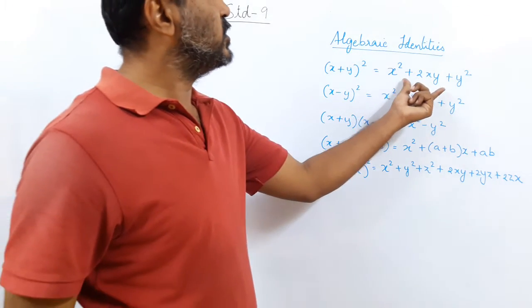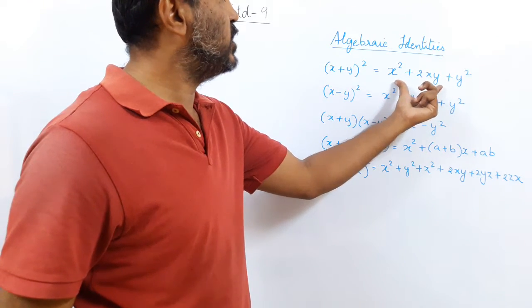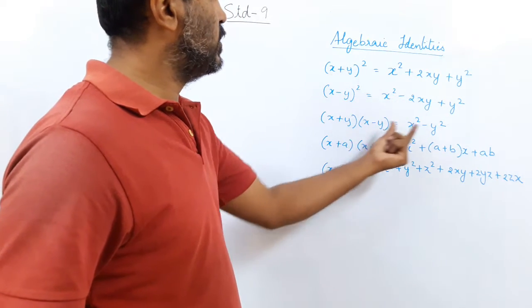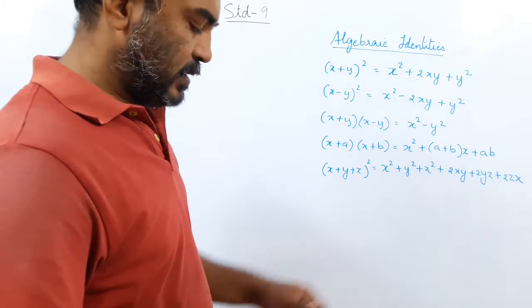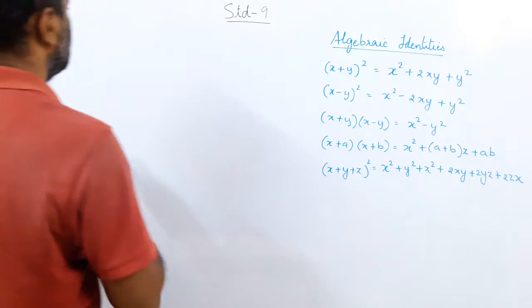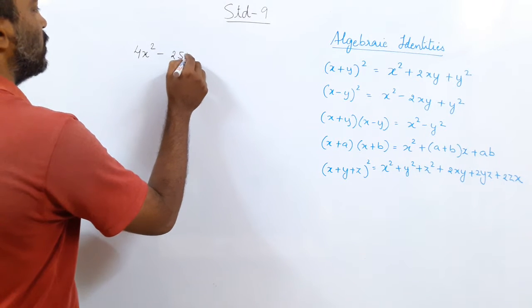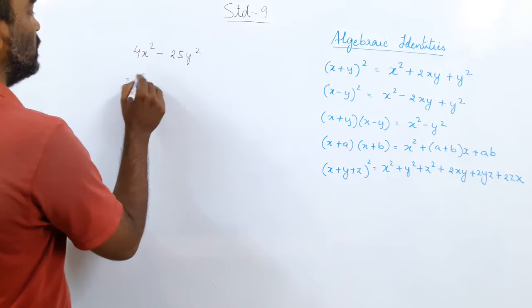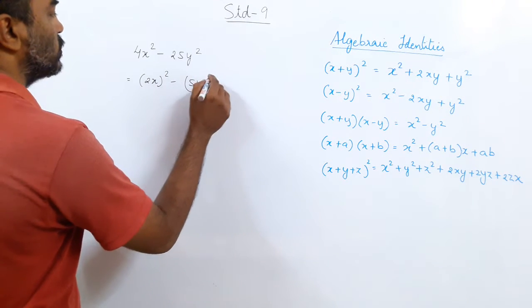So for a quadratic equation, we have got a formula called splitting the middle term, but even if you arrange them, you will get the factors. For example, x square minus y square, the example we did yesterday. Let us see one more. This polynomial, say 4x square minus 25y square, can be written as 2x the whole square minus 5y the whole square.